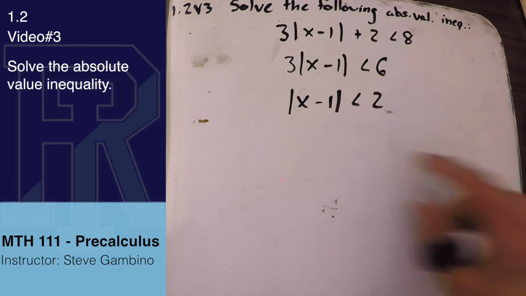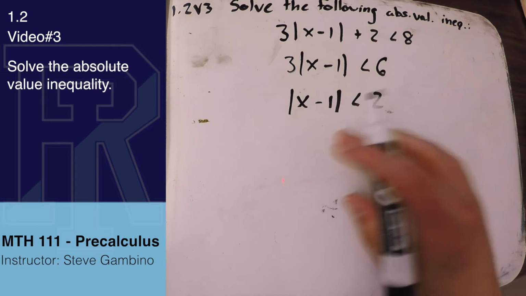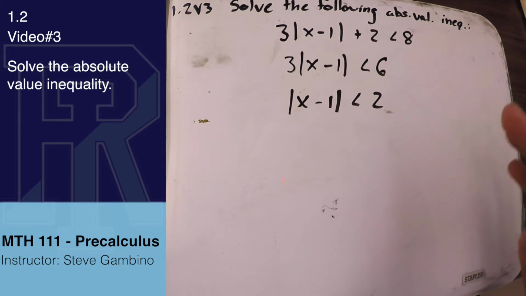Absolute value, meaning the distance from 0, allows us to say that if the absolute value of x minus 1 is less than 2, that means its distance from 0 has to be less than 2, which means it has to be less than 2, and it has to be greater than negative 2, right?